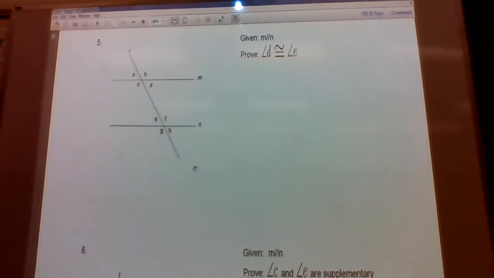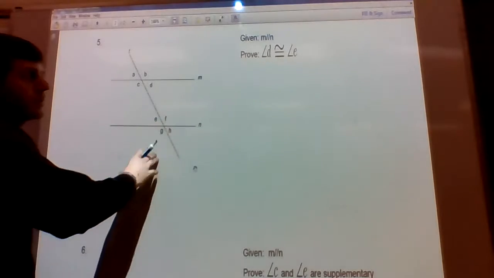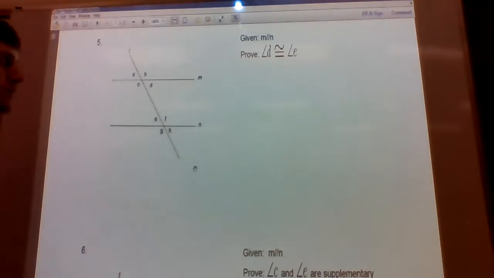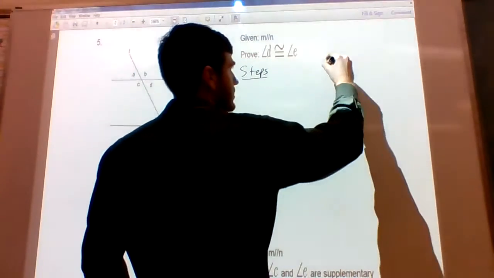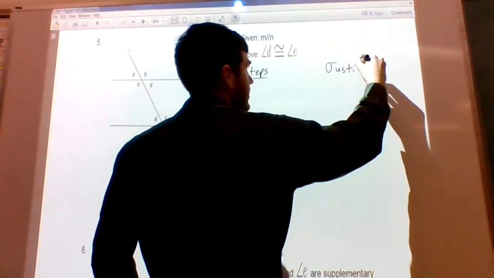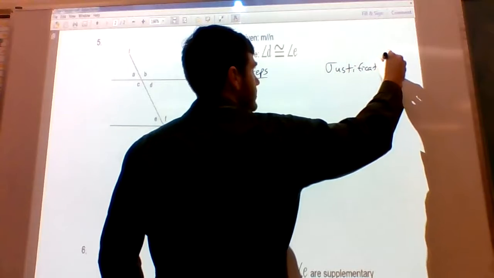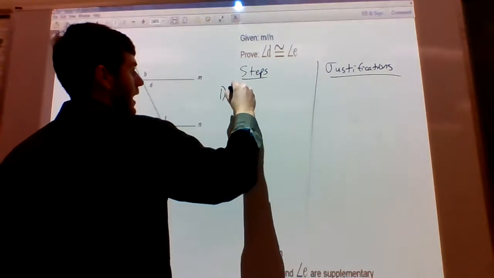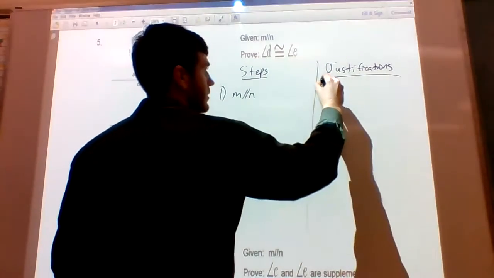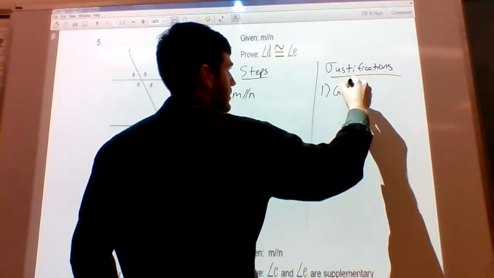So we're given that M is parallel to N, and we need to prove that angle D is congruent to angle E. So we have steps and justification. So step 1, M is parallel to N, and that is given to us.